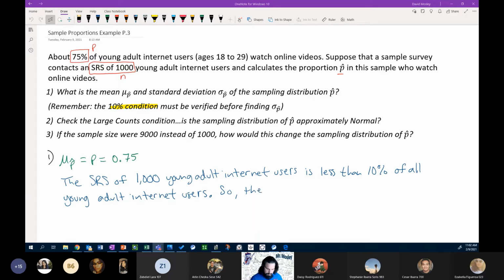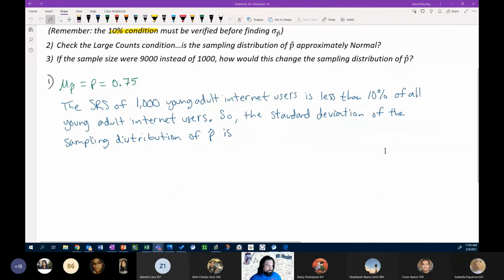So the standard deviation of the sampling distribution of p hat: sigma of p hat is equal to the square root of p times 1 minus p over n, which is equal to 0.75 times 0.25 all over 1,000, which gives us 0.0137.